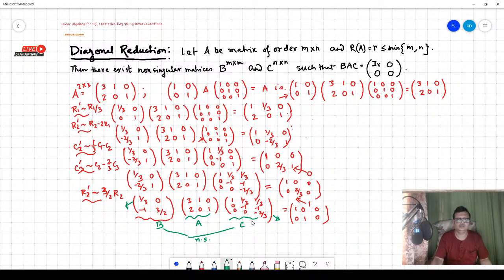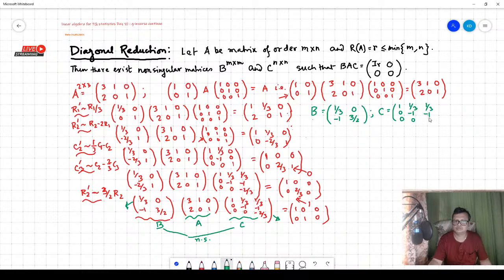Clear? So here B is, and C is, okay. Now I denote this by number 1.